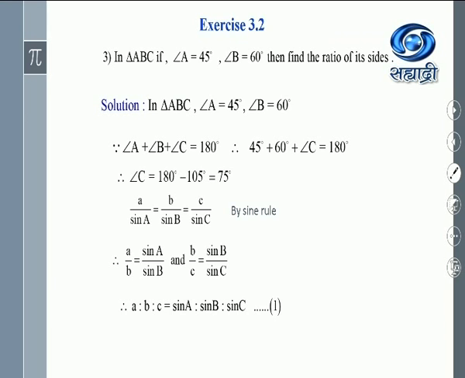Now a is to b is to c is equal to... with these two ratios, we can write a is to b and b is to c is known to you. Therefore, we can write a is to b is to c is equal to sin A is to sin B is to sin C.